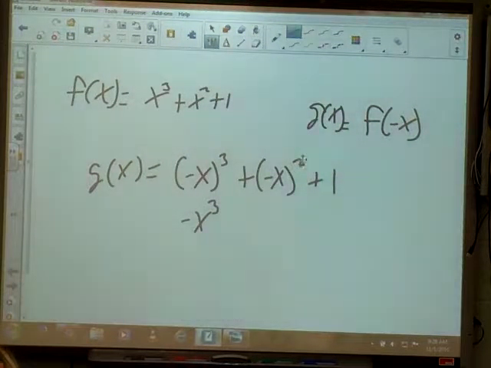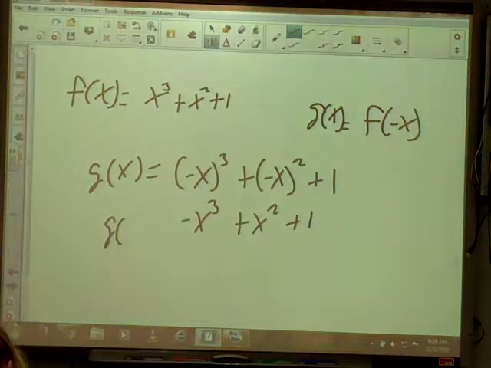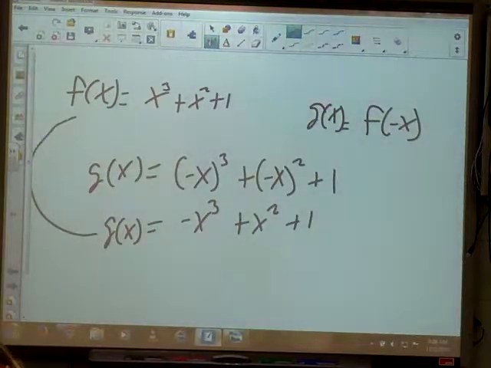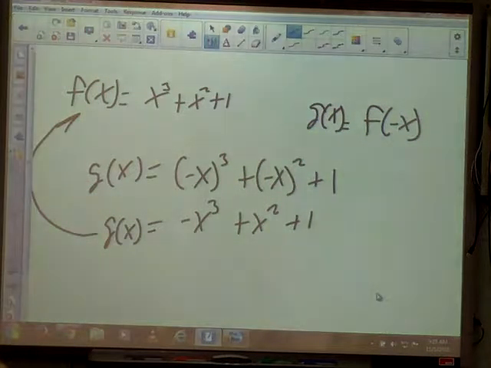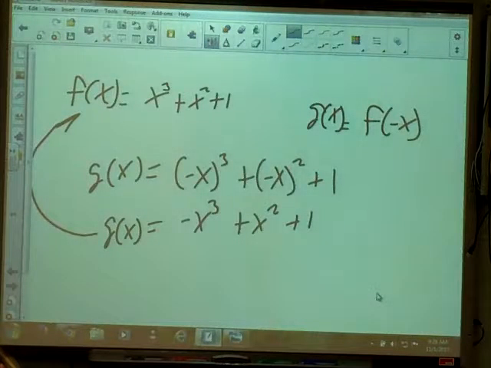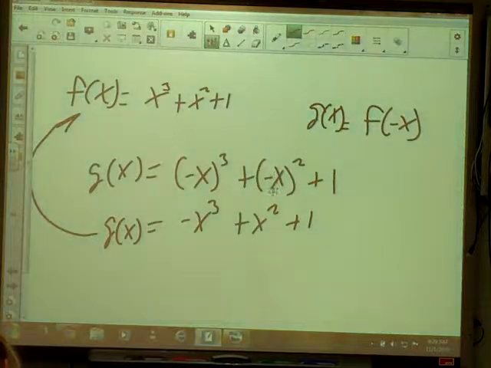What does an even power do to a negative? Turns it to a positive. So that reflected it over the y-axis. How does that turn into just plus? What's a negative times a negative?